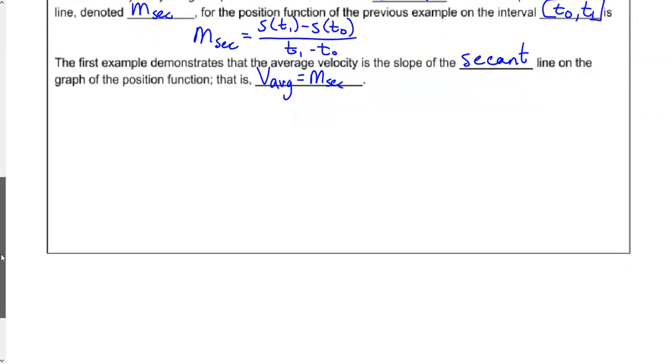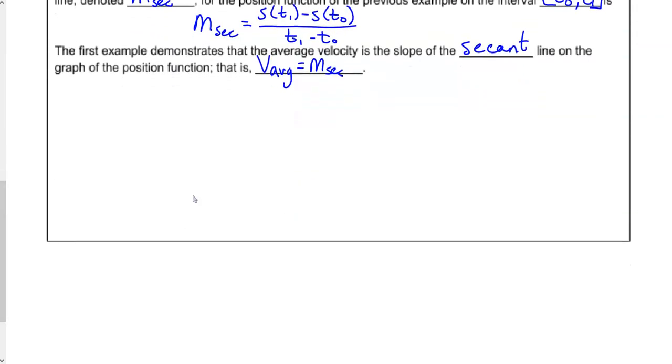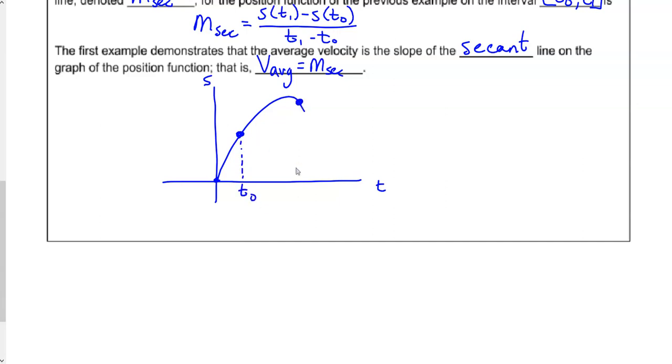So let's see that position function. I'm going to let this be my coordinate axes, this be my t-axis, this is my position function, and what we had back then was a projectile, so it does something like this. Generically, let's choose this point right here. I'm going to call this t0, my starting point.